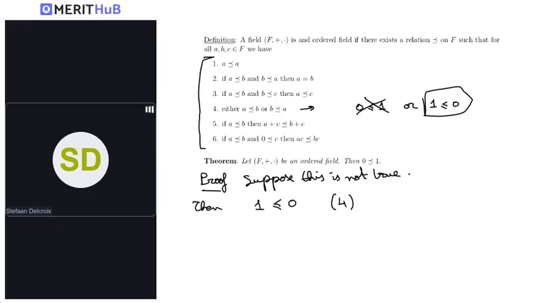Okay? Next, I basically want to move my 1 to the other side. So what I do is I add the opposite of 1 to both sides. Which of those 6 properties tells me I can do this? That I can add negative 1 to both sides, the opposite of 1 to both sides.